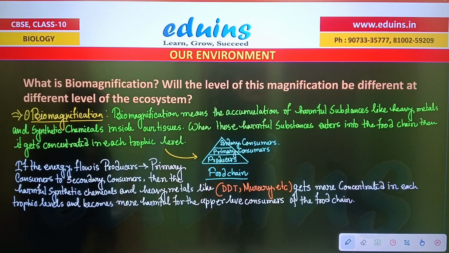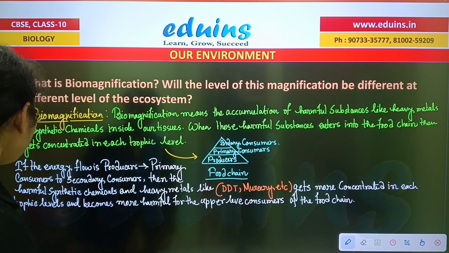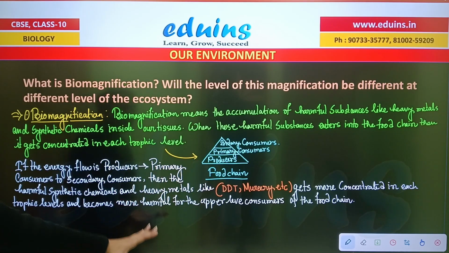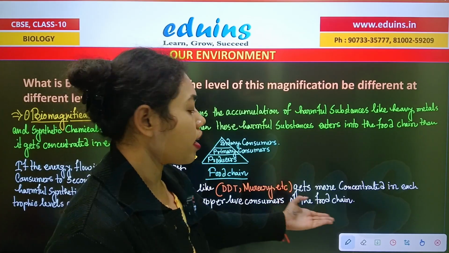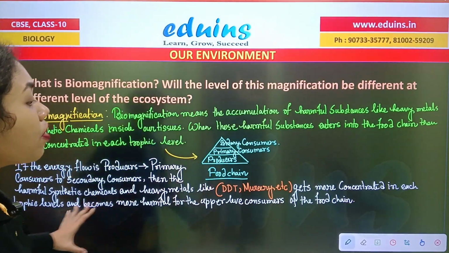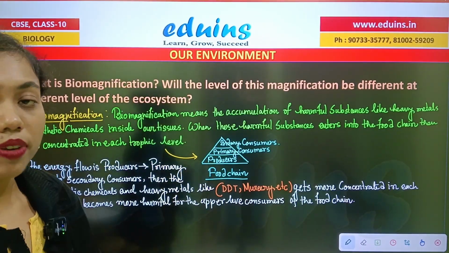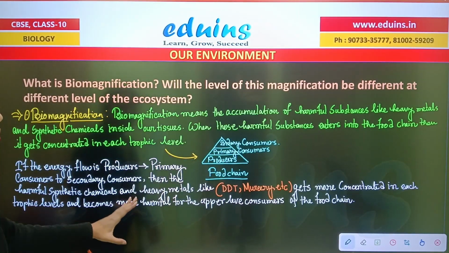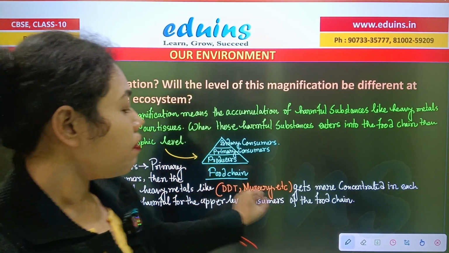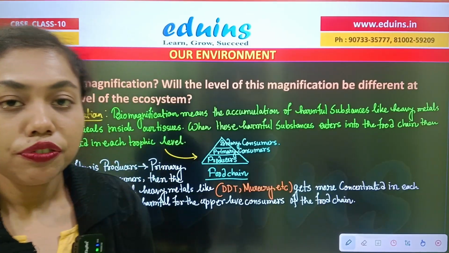So if the energy flow is from producers to primary consumers to secondary consumers, then the harmful synthetic chemicals and heavy metals like DDT, mercury, etc. get more concentrated in each trophic level and become more harmful for the upper level consumers of the food chain.